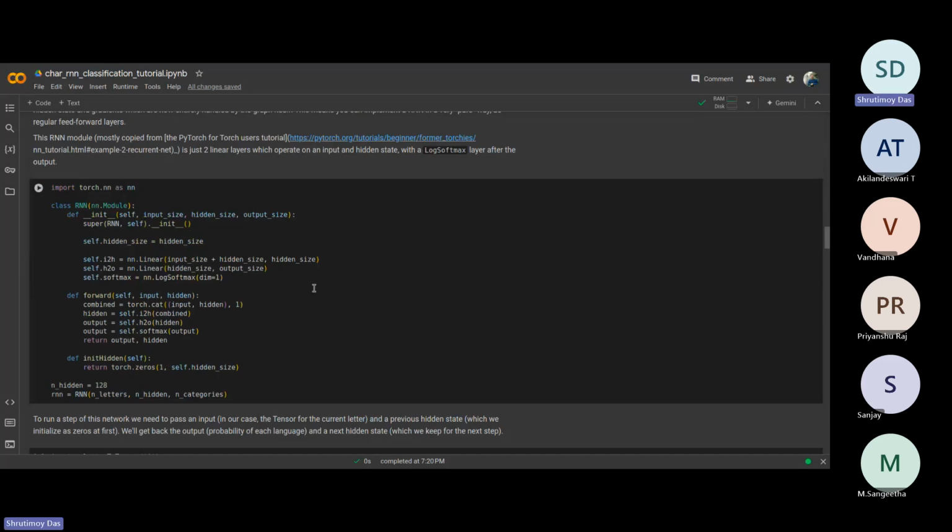Okay. So now you want to design the RNN here. I will show the diagram of RNN separately. Let me see.